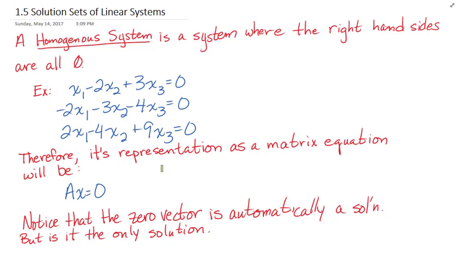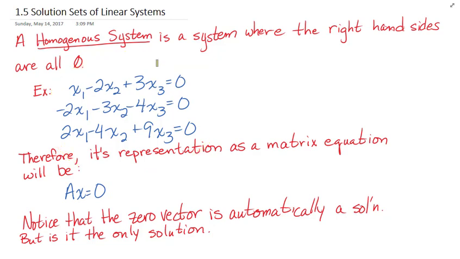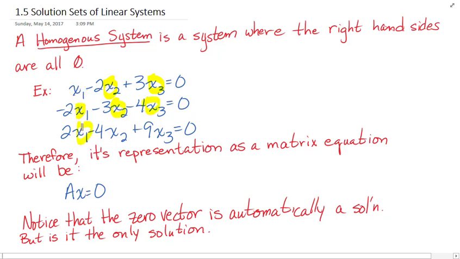The very first thing you need to understand is that if you have a homogeneous system, automatically 0, 0, 0, which we call the trivial solution, is a solution. If x1 is 0, x2 is 0, and x3 is 0, then we have a solution to the system. So every single homogeneous system automatically has a solution.